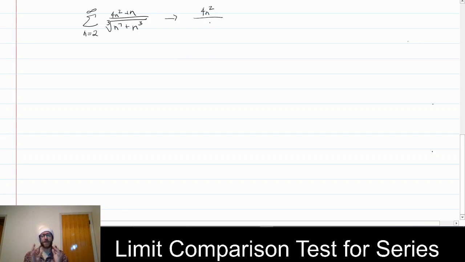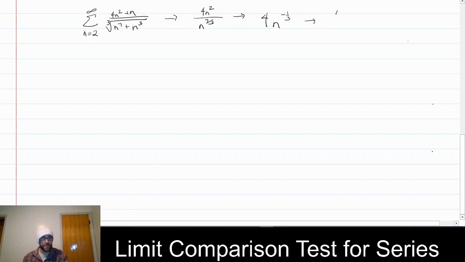The same thing with the bottom: the n to the 7th is going to overpower the n cubed, so it's the cube root of n to the 7th, or n to the 7 thirds. We can simplify this a little bit. We'll make this 4 times n to the 2 minus 7 thirds, which is 6 minus 7 thirds, or n to the negative 1 third.